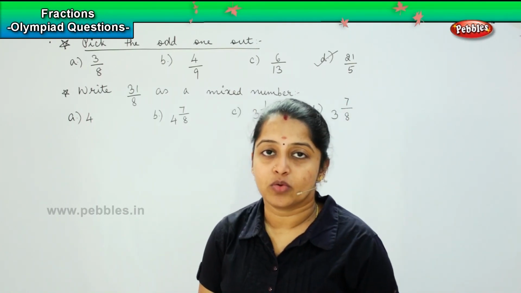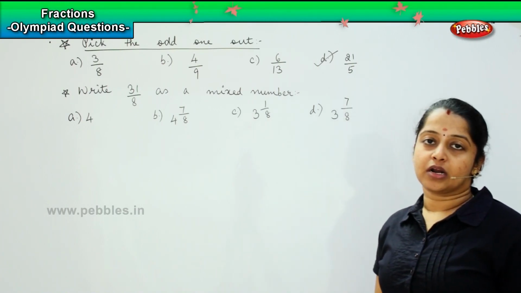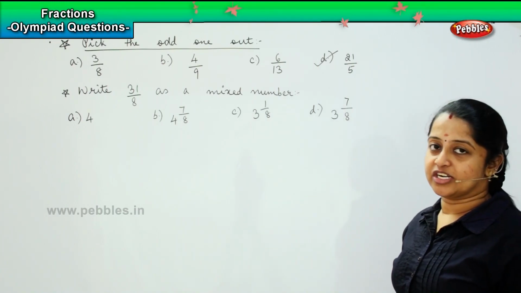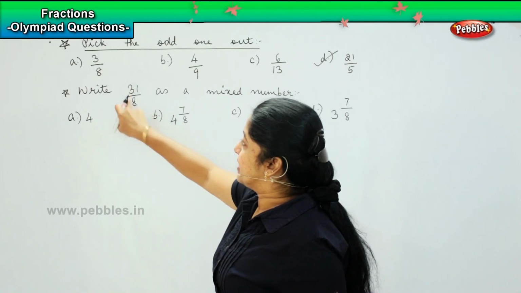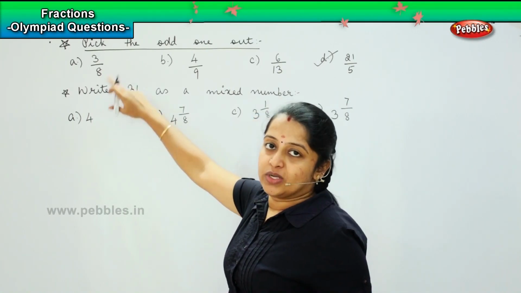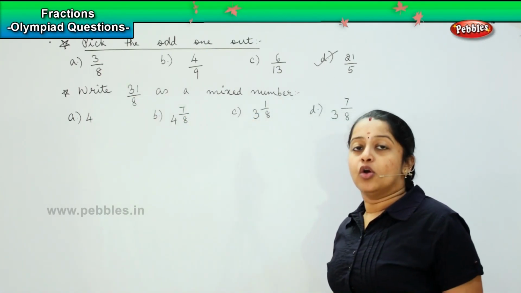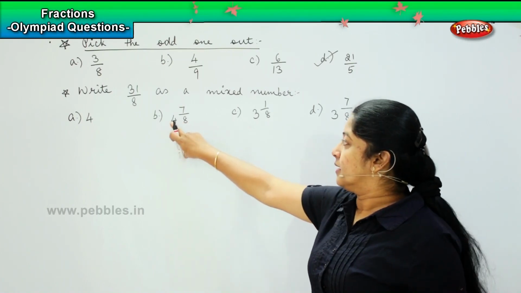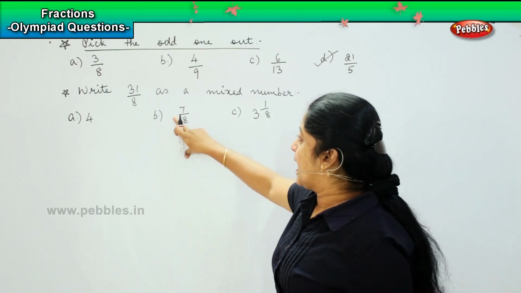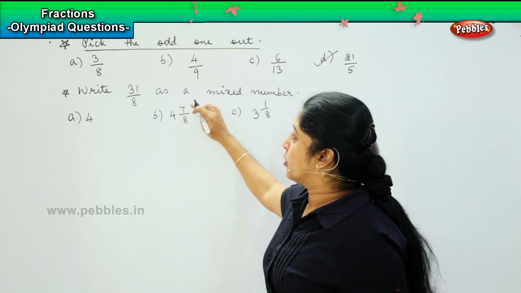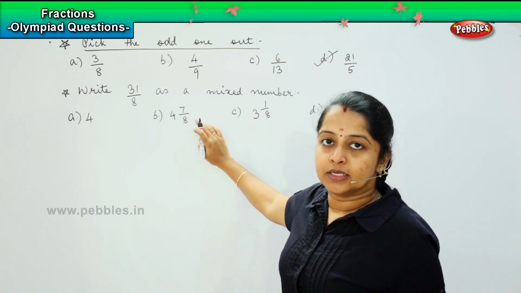Okay. So we know how to convert it into a mixed fraction, right? We have to divide 31 by 8 and then figure out the answer. Whatever is the quotient will come in the center, and then the remainder will come on the top, followed by the divisor.